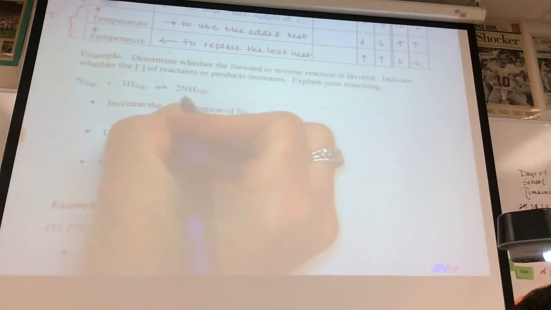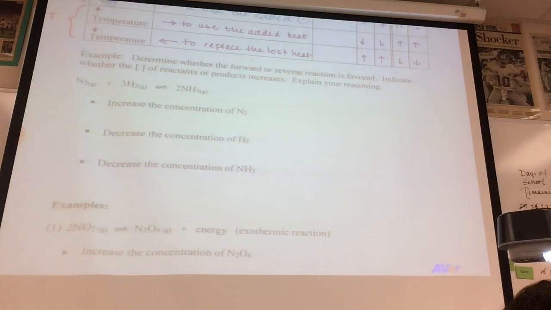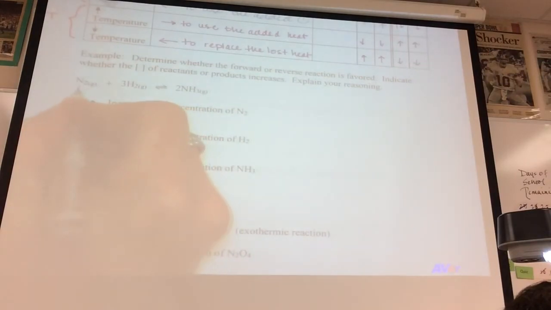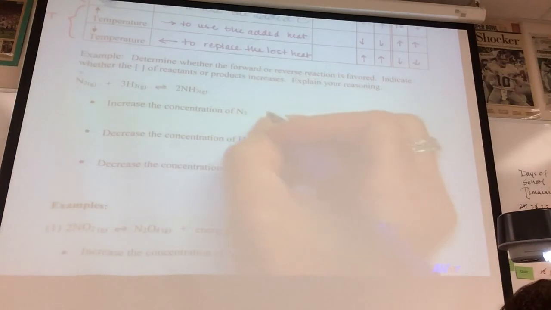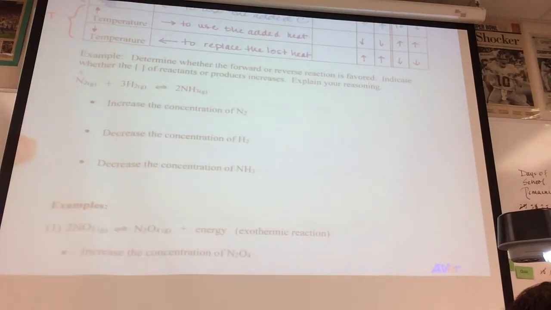Equilibrium reaction showing the synthesis of ammonia from nitrogen gas and hydrogen gas. If I increase the concentration of nitrogen gas, that's on the left, equilibrium would shift away from it, which would be in the forward or reverse direction?